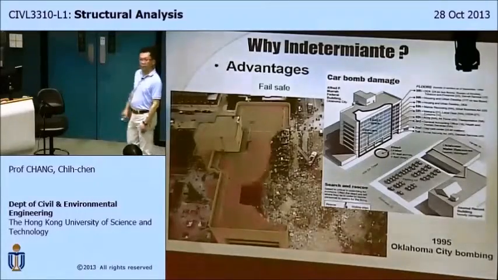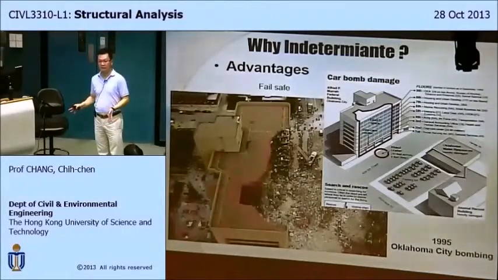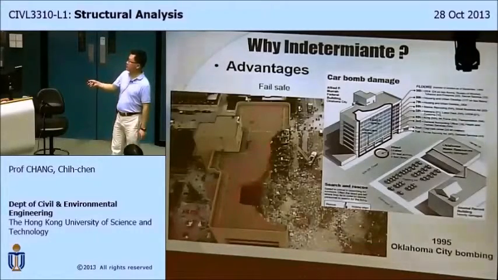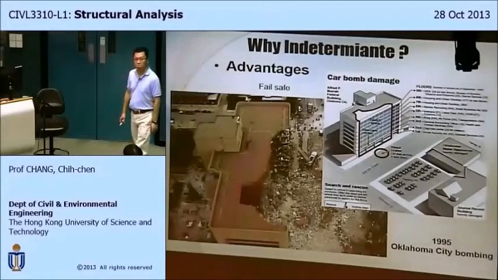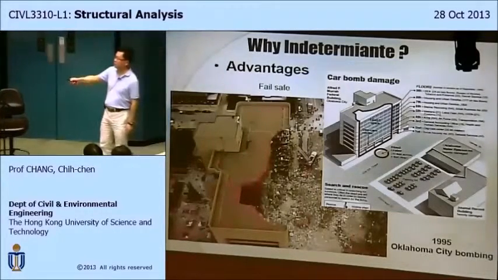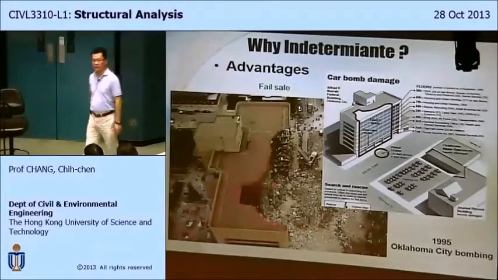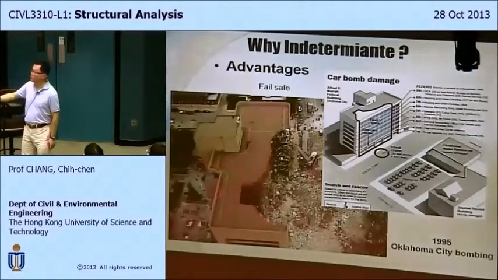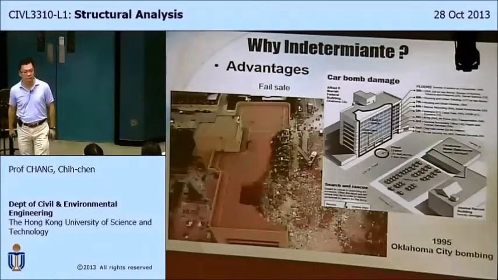Also called fail-safe. So this is the 1995 Oklahoma City bombing. Take a look at the structures there. The bomb exploded right in front of the building, and kind of cut off the structure like that. About 1/3 of the structure got cut off, and you can see that the remaining part of the structure still stands there.